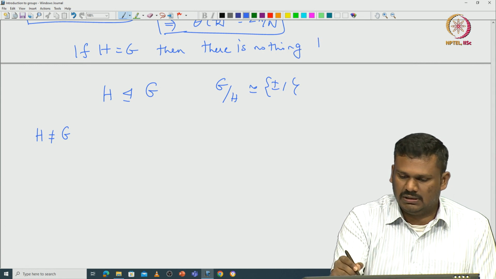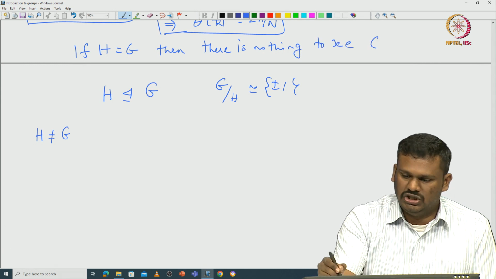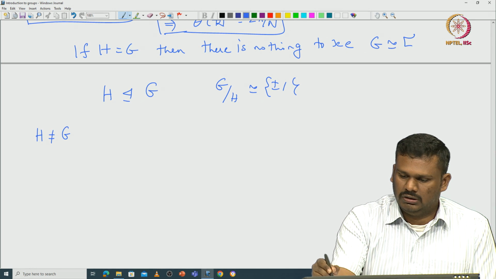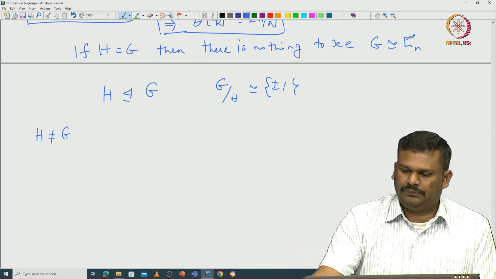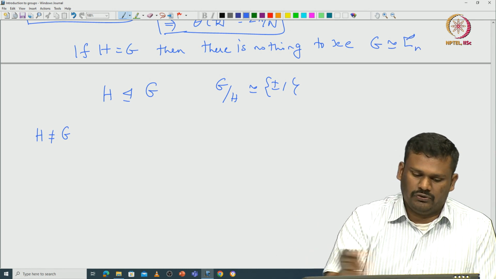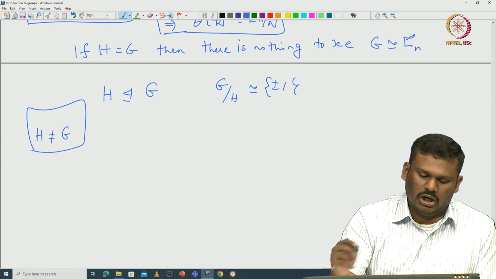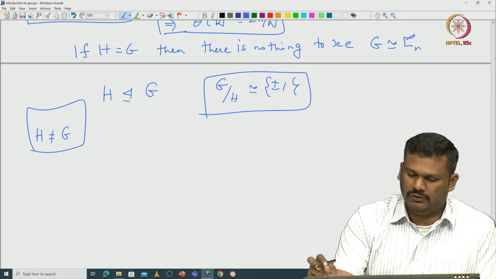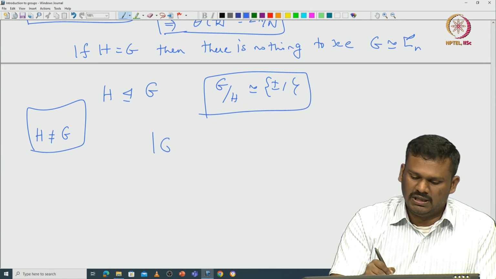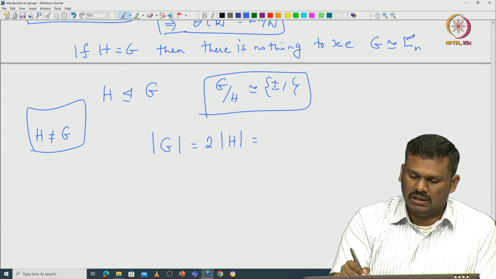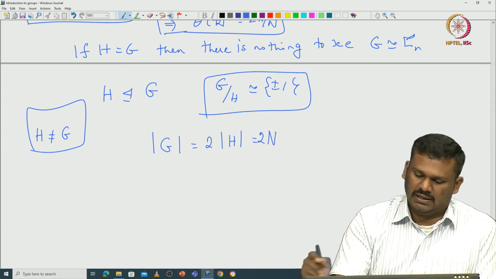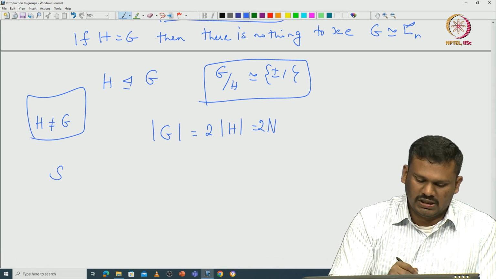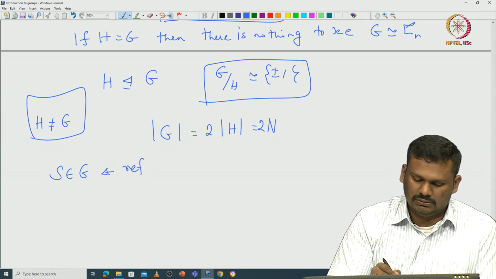That means G is isomorphic to the cyclic group Cn. So now we want to assume H is not equal to G. In that case, G modulo H is isomorphic to plus or minus 1. So that means the cardinality of G is 2 times the cardinality of H, which is 2 times n. Now, if you choose some s from G which is a reflection.